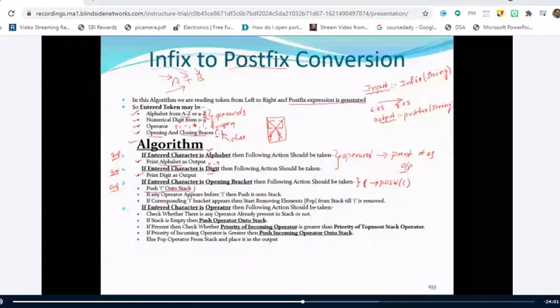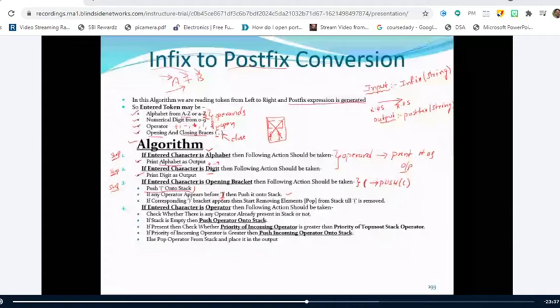Right. So if any operator appears before the closing parenthesis, then push it onto the stack. Until you come across the closing parenthesis, when you meet some other operator before it, again you have to push every operator onto the stack, right?